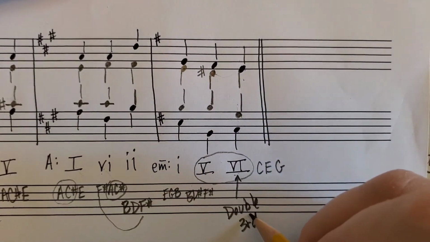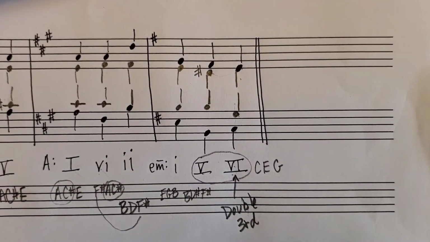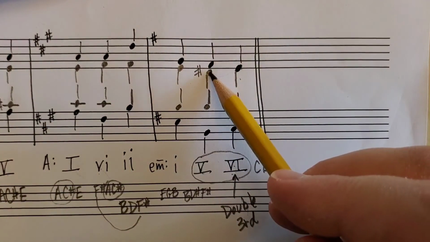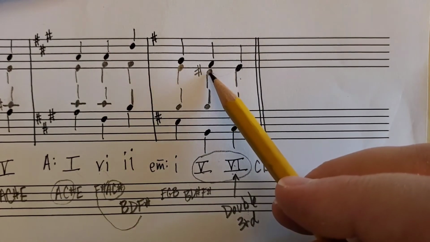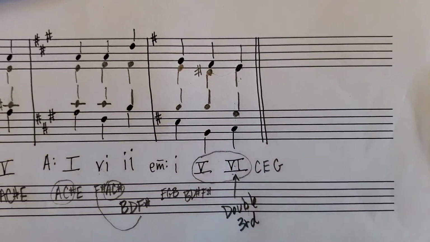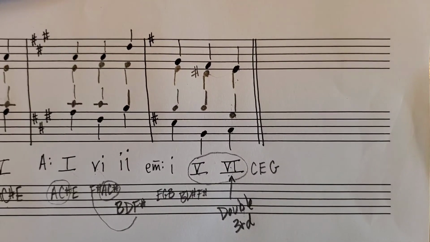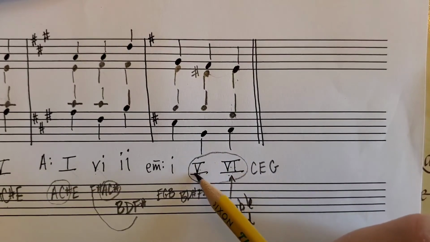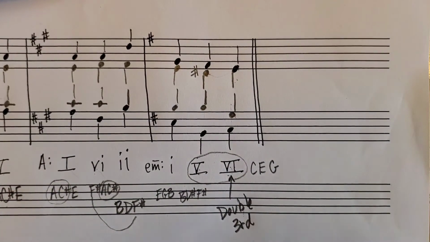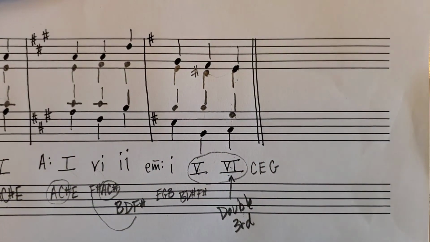So doubling the third in the sixth chord when you move 5 to 6 really accomplishes a lot of things. It gives you the resolution of the leading tone. It avoids parallels. It also avoids the augmented second between the leading tone and the scale degree 6 in minor keys. And in most musical examples that you'll see from the repertoire, when this chord progression happens in music, you'll see that voice leading. So expect the third doubled when you move from 5 to 6 in the sixth chord.